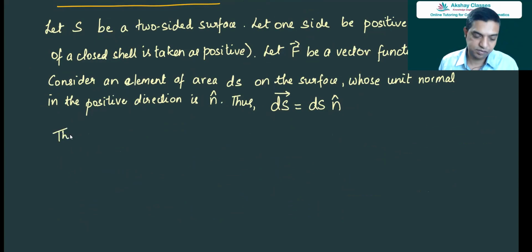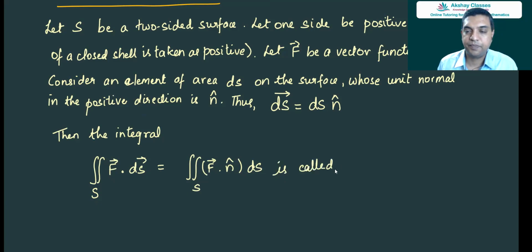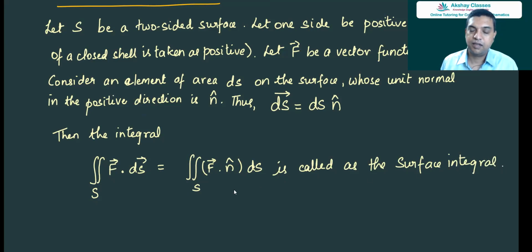Now the surface integral, the double integral, we write as F dot ds, which is F dot n times ds over S, is called the surface integral. Some function has to be integrated over the surface.